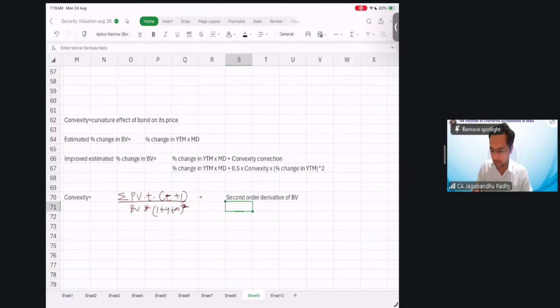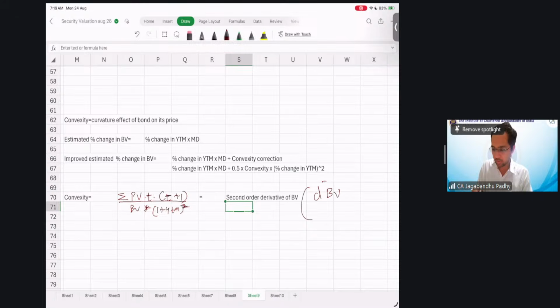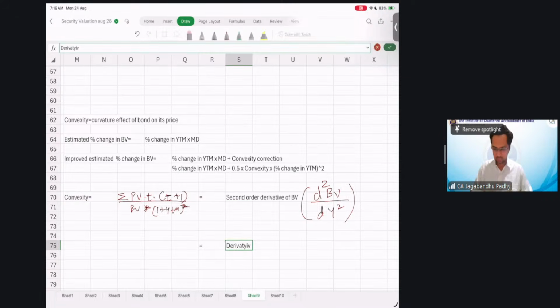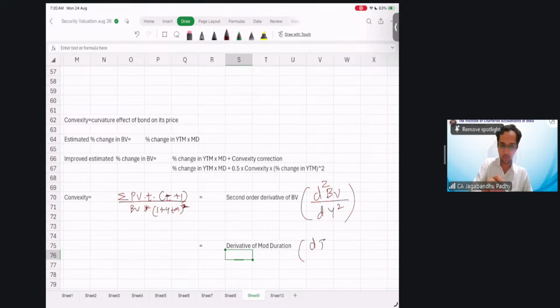So I can say this is the derivative of bond value with respect to YTM, right? Or you can also say this is the derivative of modified duration.